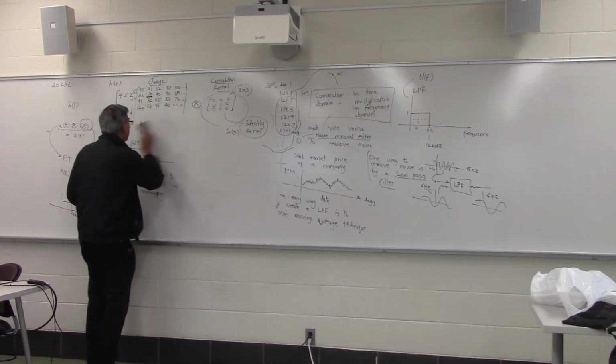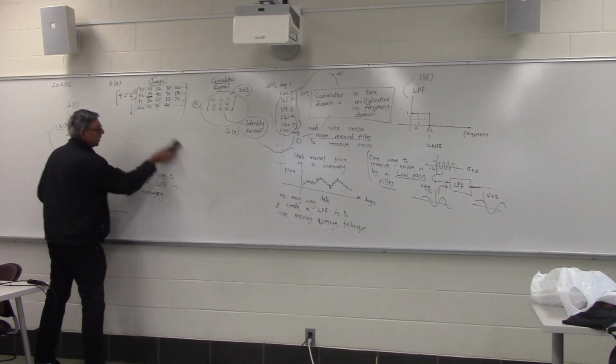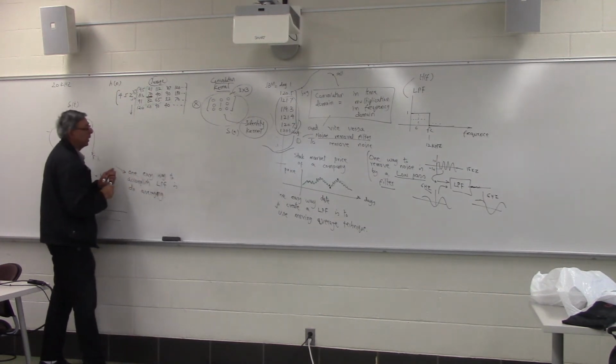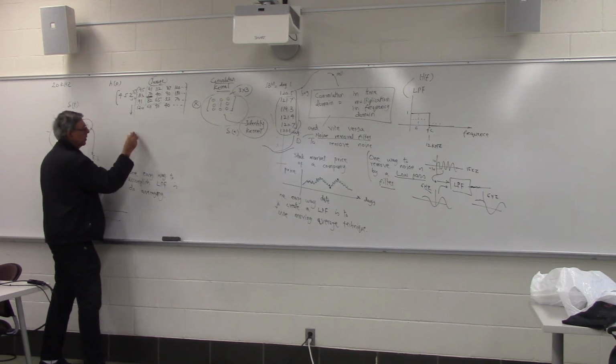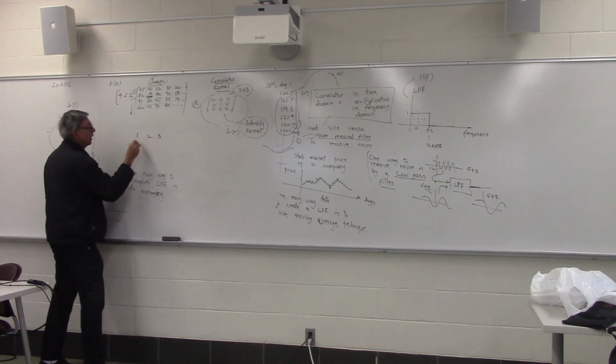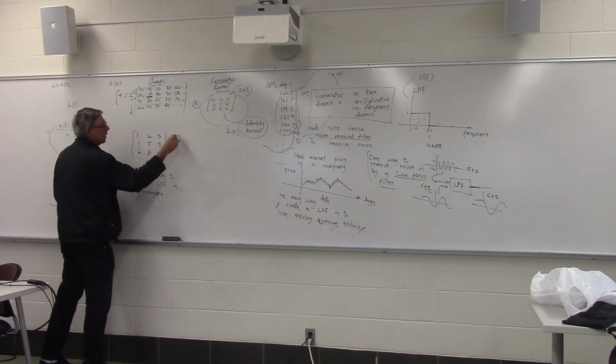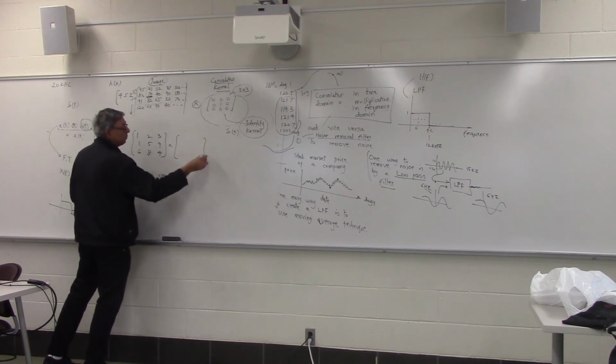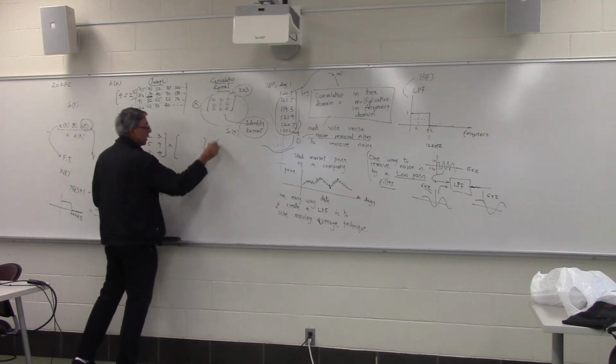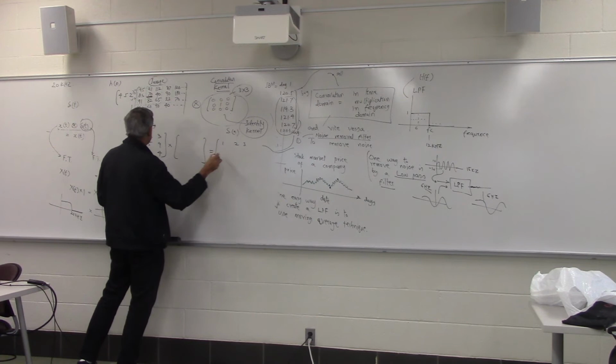Now, sometimes people get confused. Suppose I gave you a matrix: 1, 2, 3, 1, 5, 9, 6, 8, 4. I want to multiply it with another matrix such that I get the same data back.